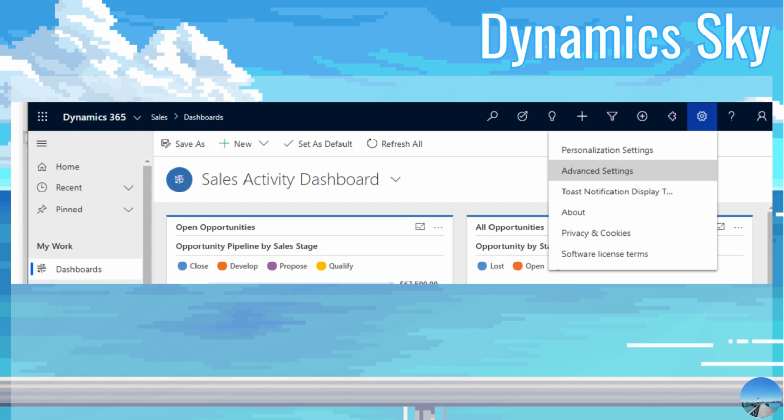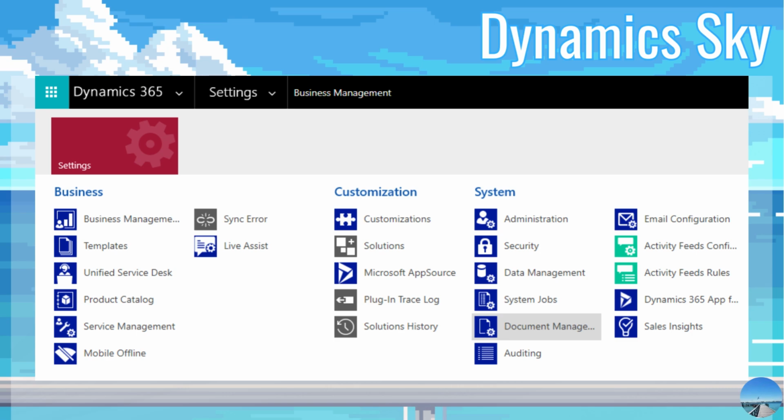Firstly, go to the settings, where you can see the icons on the top right corner, then hit Advanced Settings. If you can't find this, please check if you are logged in as a user with admin rights. Open the settings. You can find Business, Customization, and System in the rows.